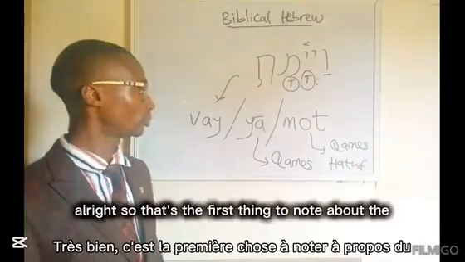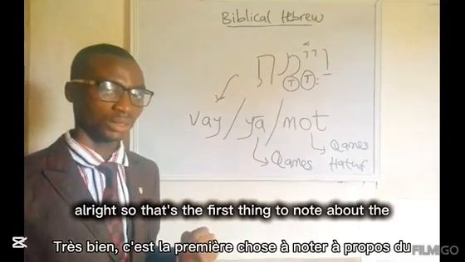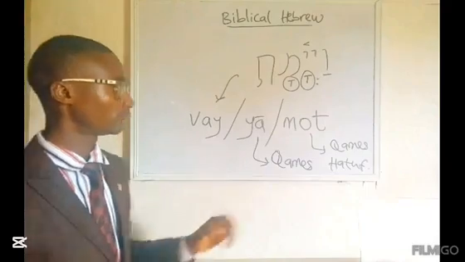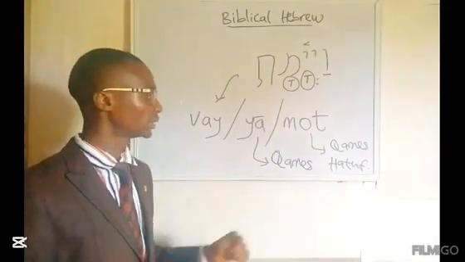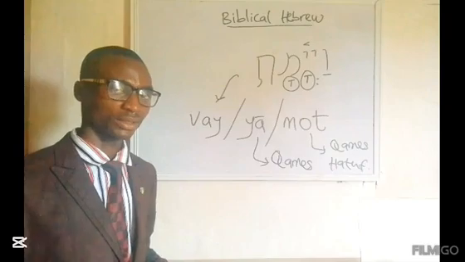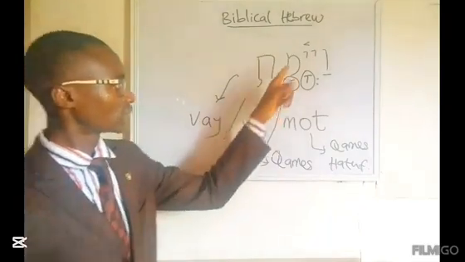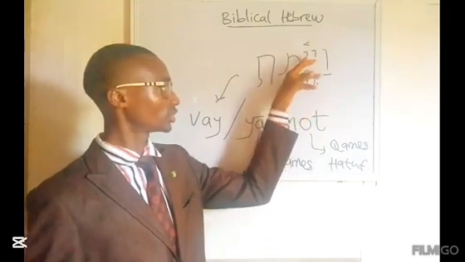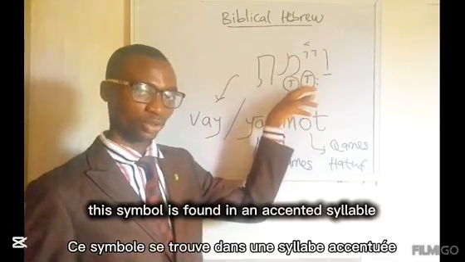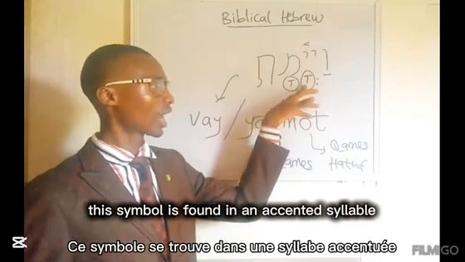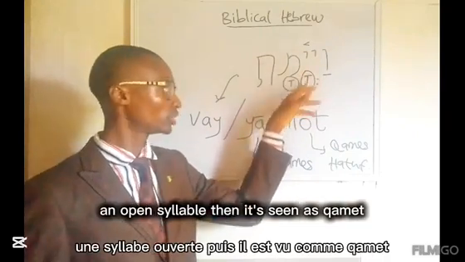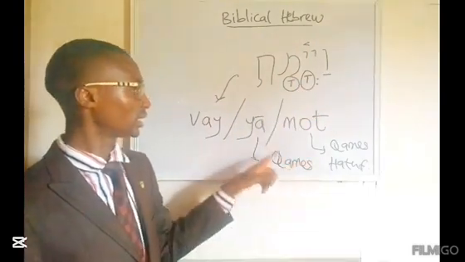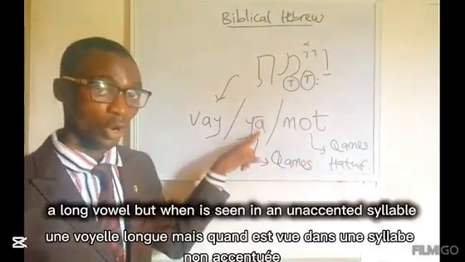Alright, so that's the first thing to note about the Qamet-hatuf and then Qamet. So the first thing is that this is an accented syllable. So once this symbol is found in an accented syllable, an open syllable, then it is seen as Qamet, that's a long vowel.